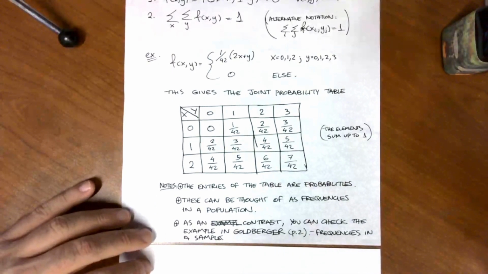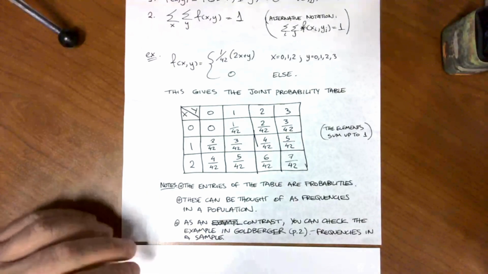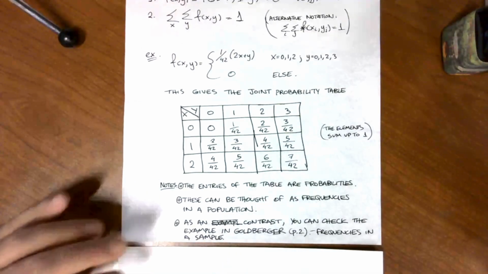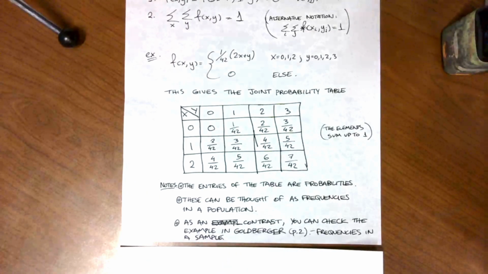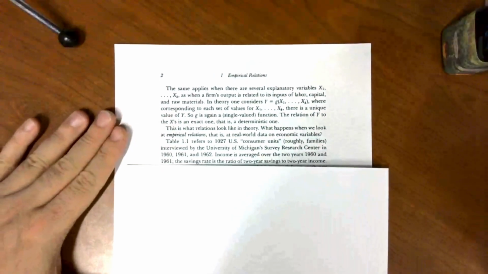I'm going to give you an example here utilizing actual data. You can find this in the Goldberger textbook, A Course in Econometrics, on page 2. So here's the example from the textbook.